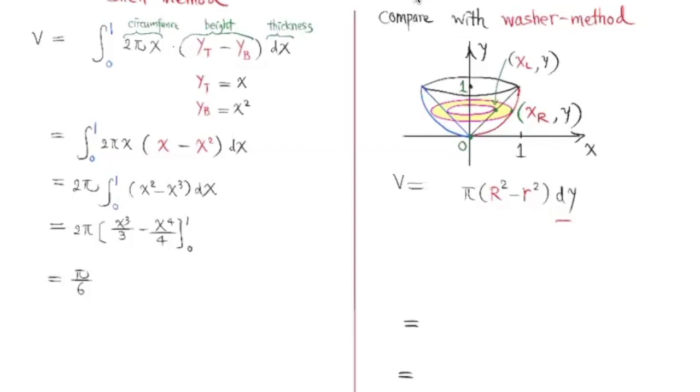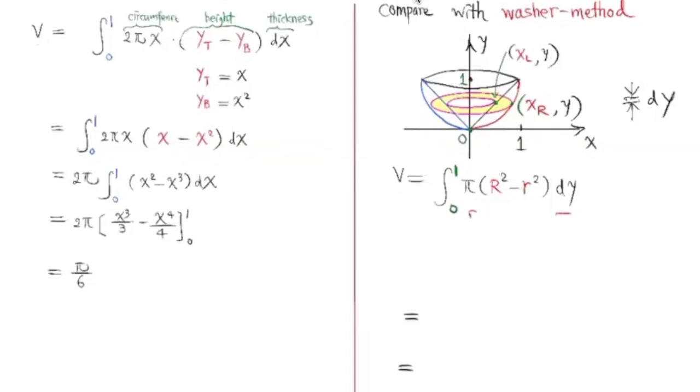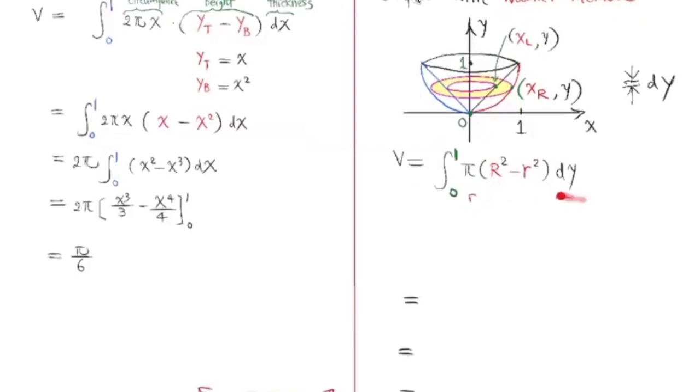Remember the thickness is dy, and y goes from 0 to 1. So y starts from here and ends over here, 0 to 1. Now this is an integral with respect to y, so let's express all this in terms of y.